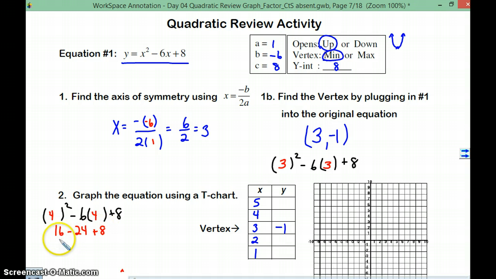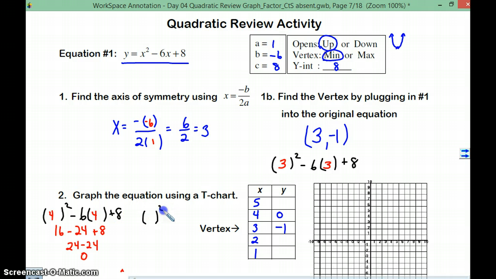Well, here's an easy thing to do. Think of adding the positives first. 16 plus 8 is 24. So we end up with a 0. So 4 is the same thing as 0. That's one of our roots. Let's try it with 2 just to confirm.